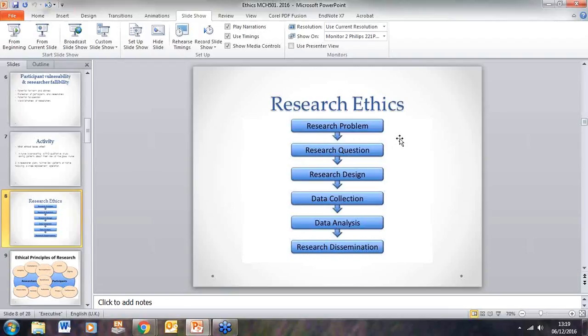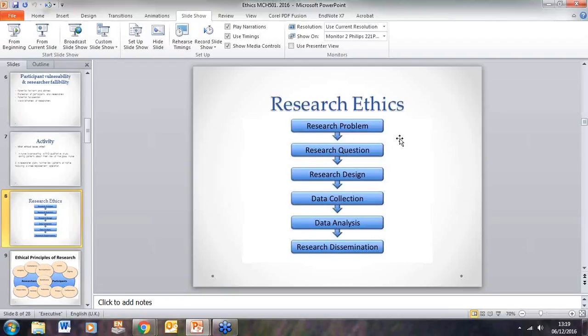When you're thinking about the research question, you're not going to go this far in your assignment, but when you're looking at the research that you're reading, think about the research question, think about how it was phrased, think about how they then went on to design their research study, how they collected the data, how they analysed the data, and how they disseminated the information.